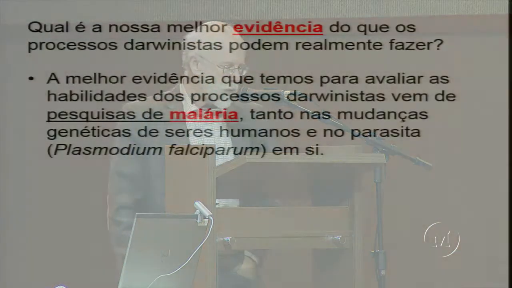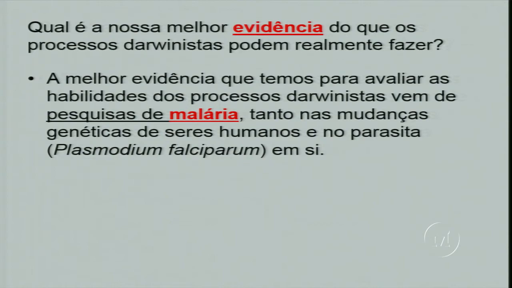And I argue that the best evidence we have to assess the abilities of Darwinian processes comes from studies of malaria, both in genetic changes of humans and in the parasite Plasmodium falciparum itself.